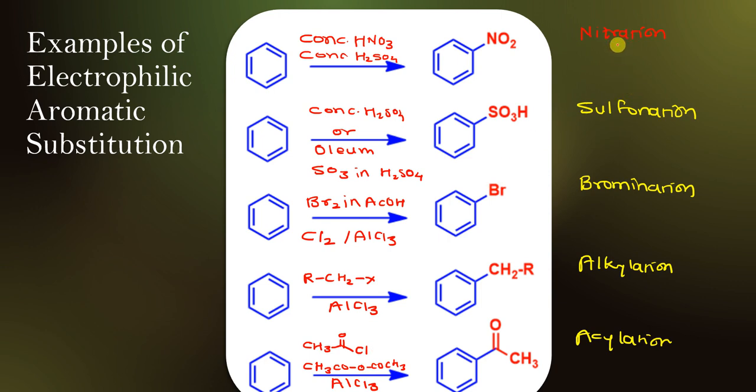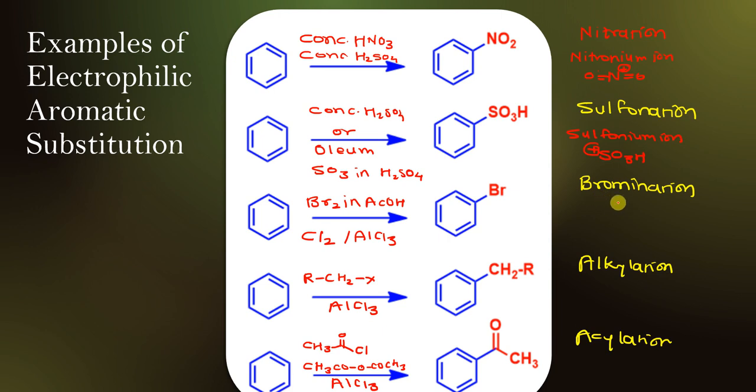When we perform the nitration reaction, nitric acid and H2SO4 will generate the nitronium ion as intermediate, with a double bond to O and a positive charge, right? In case of sulfonation it will generate the SO3H plus ion.